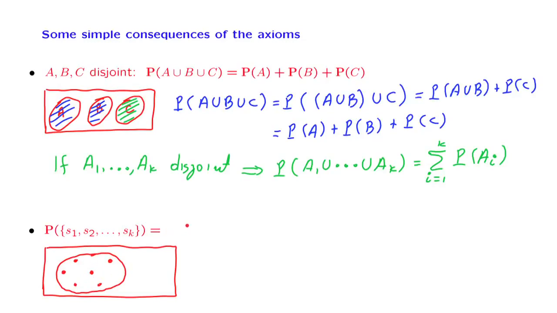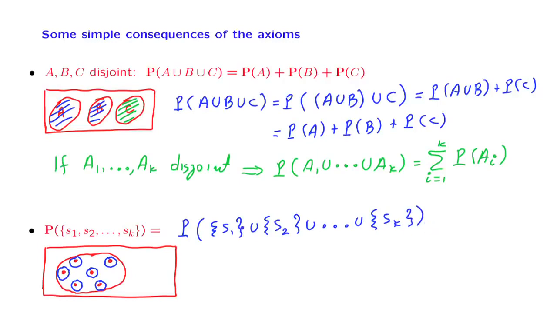The idea is to take this finite set that consists of k elements and think of it as the union of several little sets that contain one element each. So set theoretically, we're taking this set with k elements and writing it as the union of a set that contains just S1, a set that contains just the second element S2, and so on, up to the kth element.